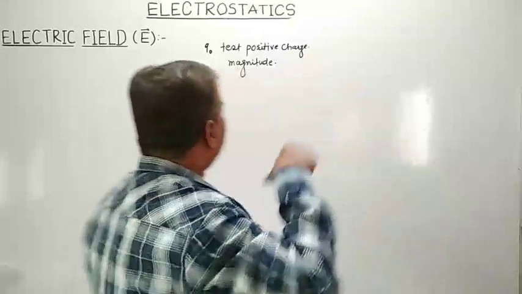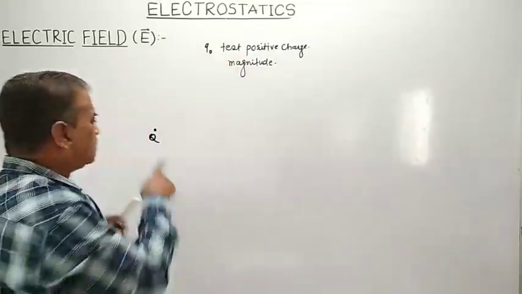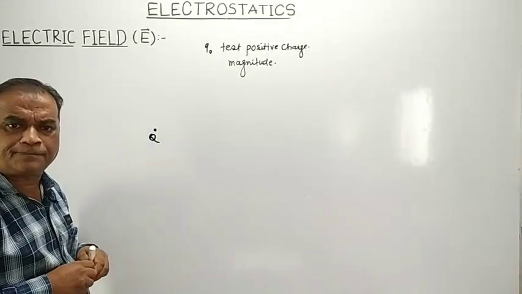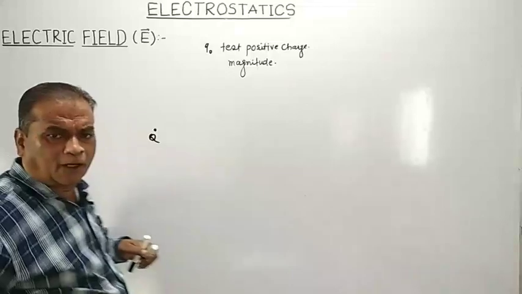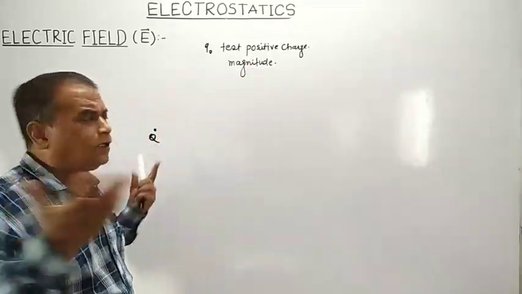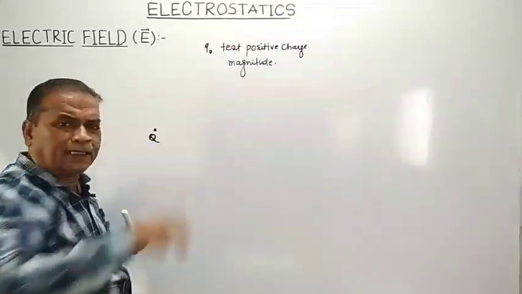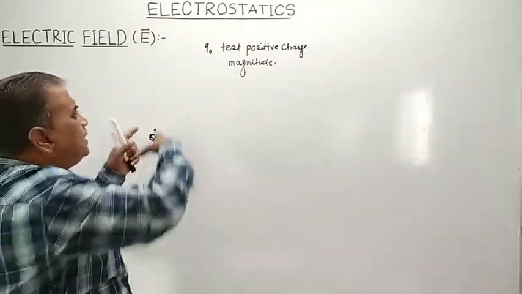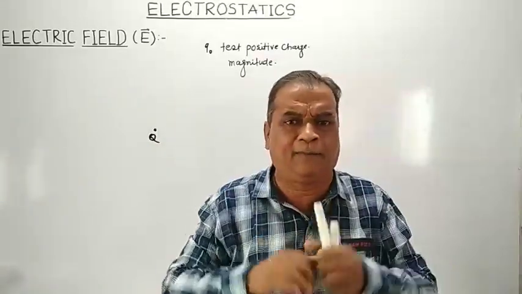So when such a test charge is brought near a given charge, we know that if the test charge is far away from the given charge, is there any Coulombian force that will act between them?